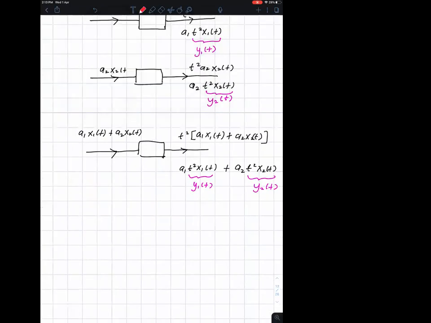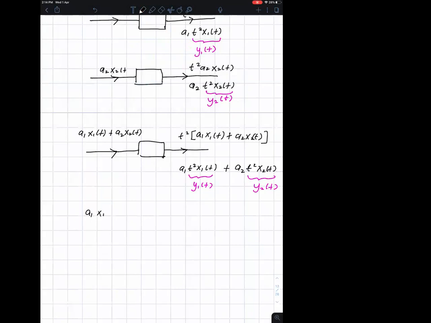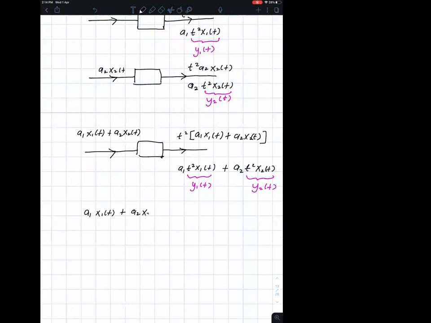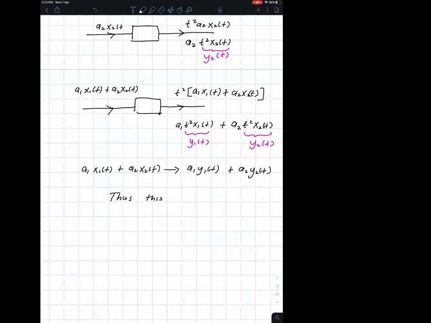Thus, I can say that the sum of inputs A1 x1(t) plus A2 x2(t) produces A1 y1(t) plus A2 y2(t). Thus, the system is linear.